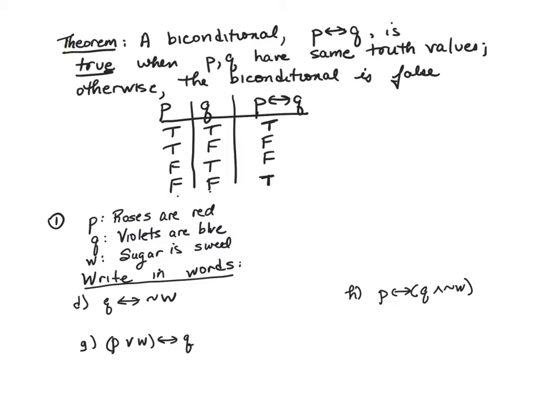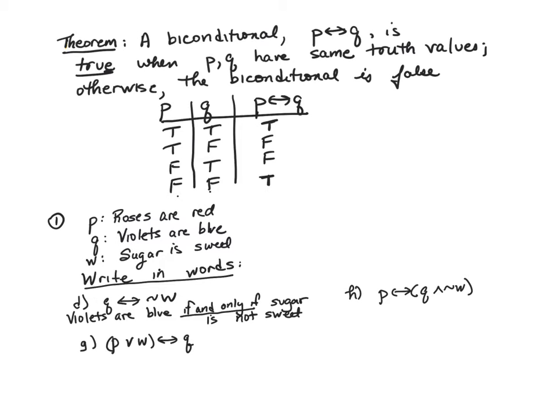So here we have violets are blue if and only if sugar is not sweet, because we have the negation of W. Okay, so this if and only if we can abbreviate as IFF.